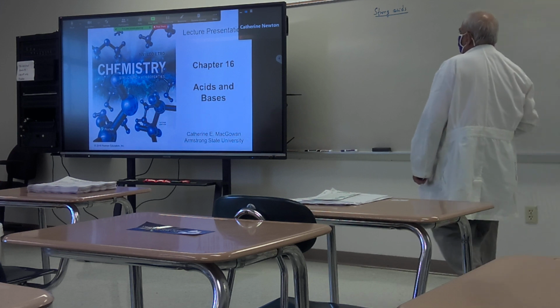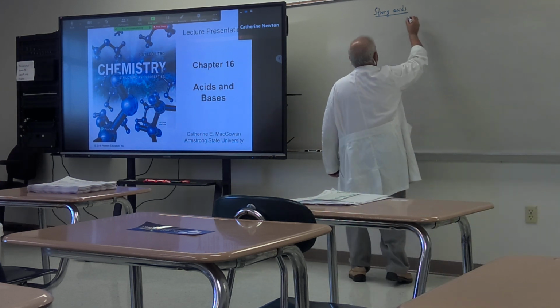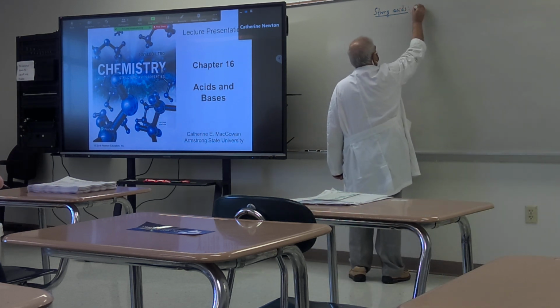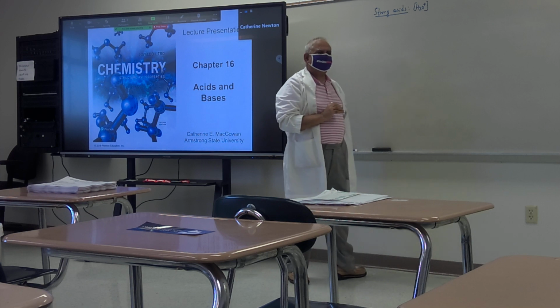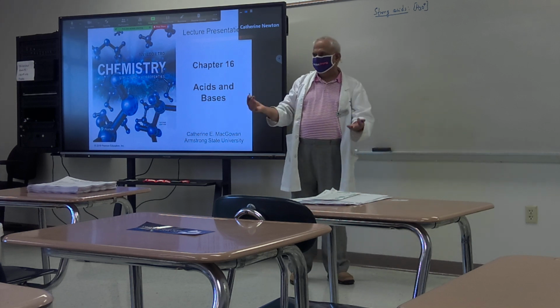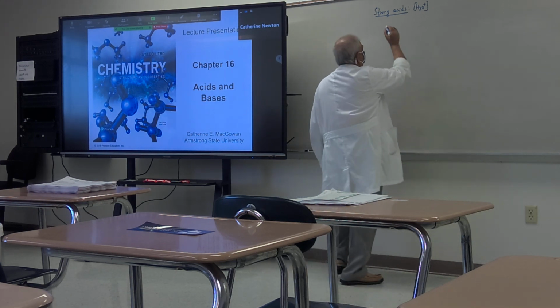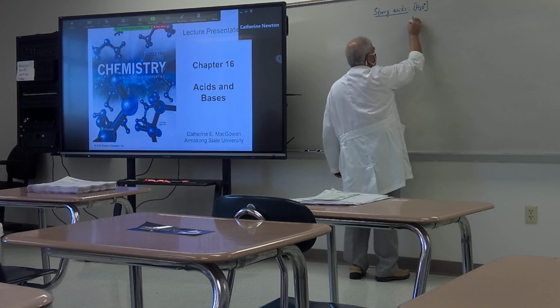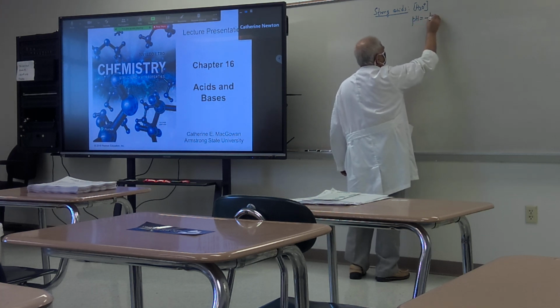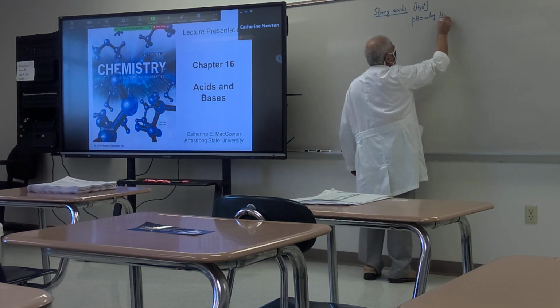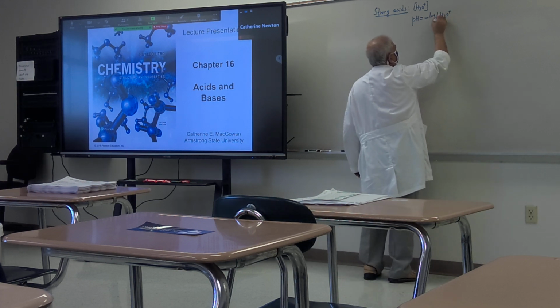Therefore, the concentration of the acid will be equal to the hydronium ion concentration. If I say 1 molar HCl, what is the concentration of hydronium ion? 1 molar. So the pH of that solution can be directly calculated using this formula, negative log of hydronium ion concentration.